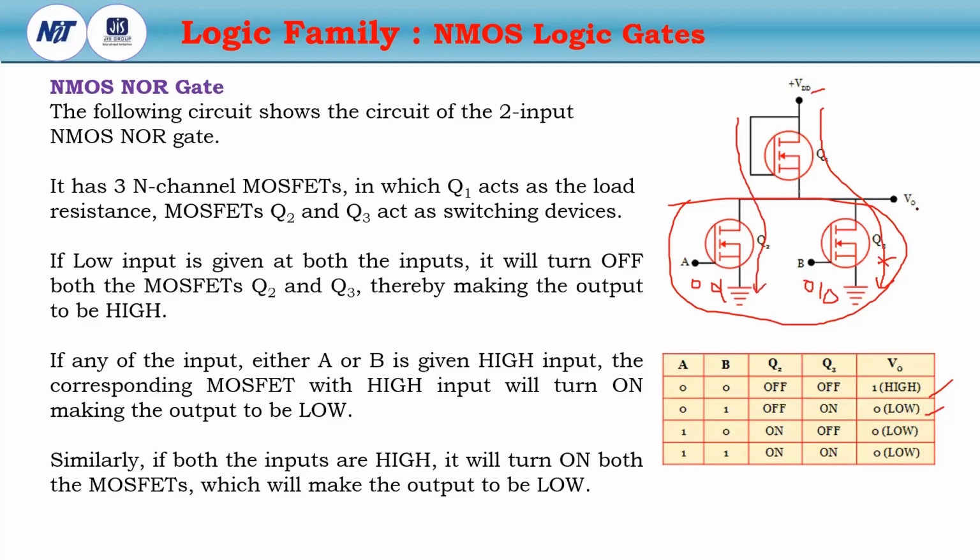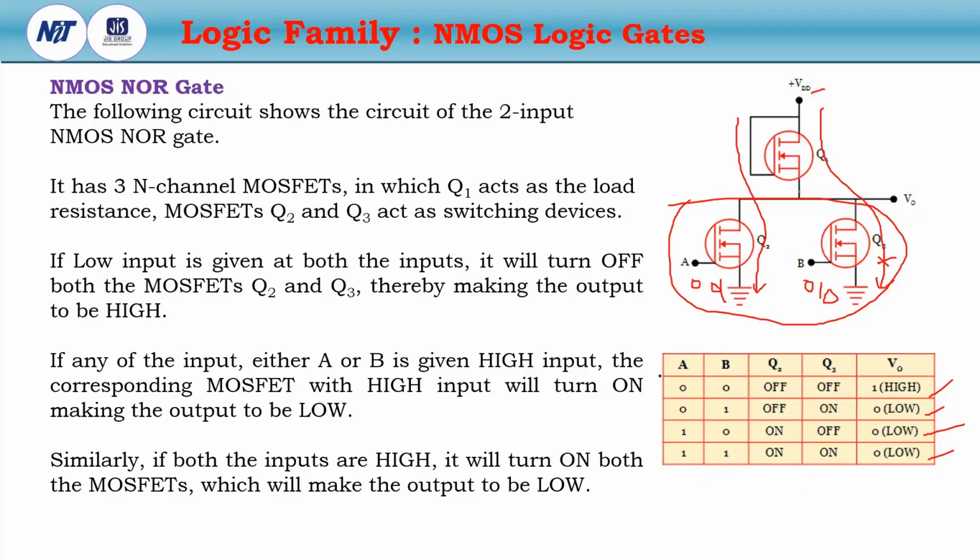So then also the V0 will be logic 0. And if both the transistors are turned on, then also the same path. So the current will flow through the VDD to ground through the Q1, Q2 and Q3. So then the V0 will be logic 0. So this is the basic NOR operation.